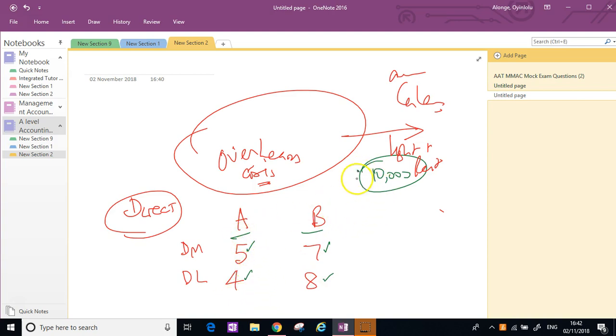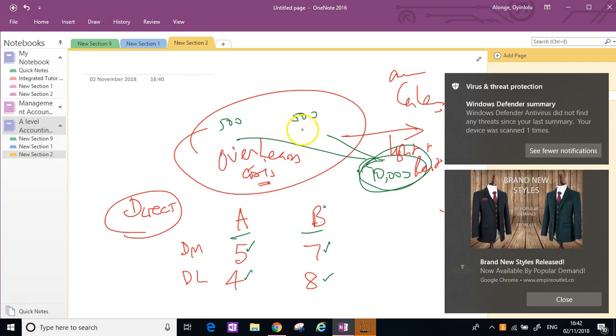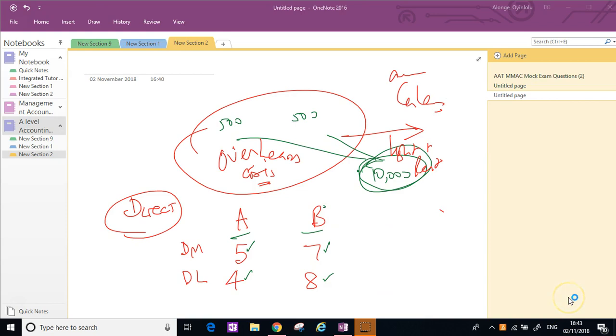So one way of doing it is to assume that, okay, how many units of A and B did we make? For example, if we're going to make 500 units of A and 500 units of B, we could argue that this £10,000 of overheads is spread over these two costs.